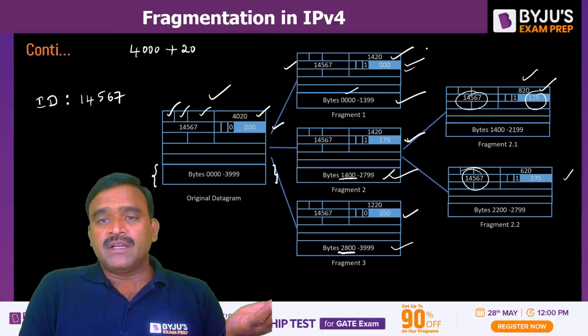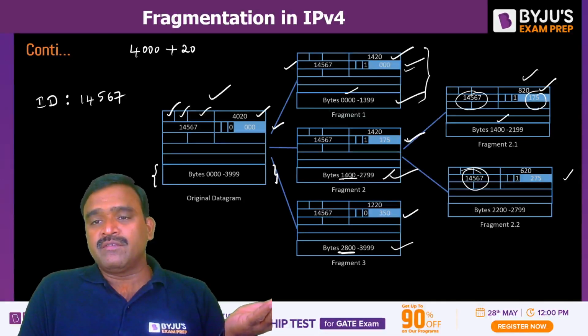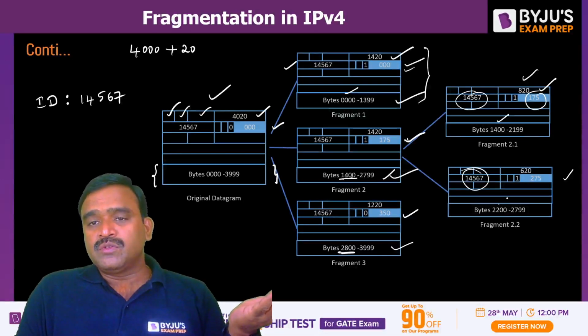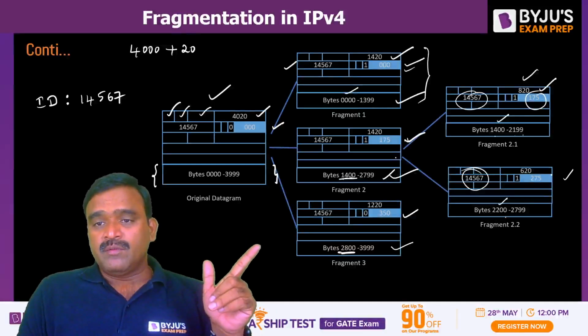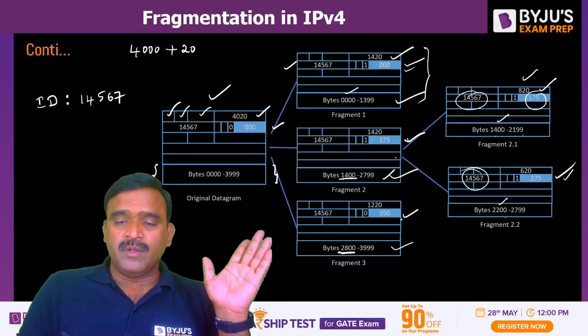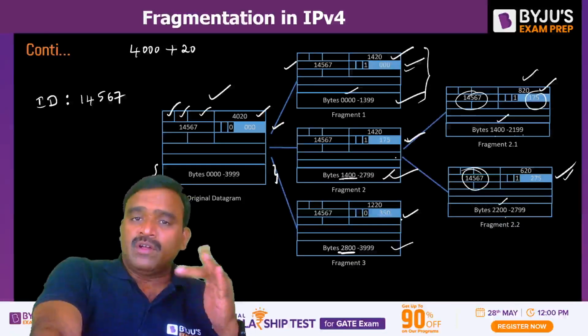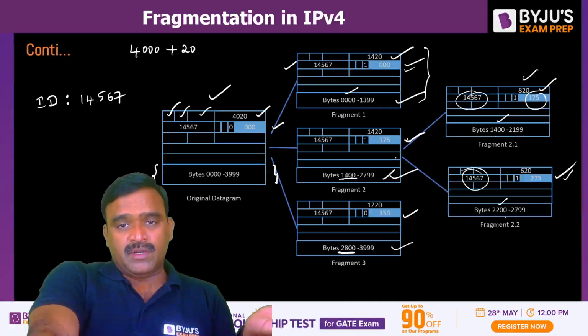Because the first byte ID is 1400 divided by 8. Here the first byte ID is 2200, because 1400 to 2199 is covered, total 800, and 2200 is the first byte ID of the second fragment, so it becomes 275, and it continues like this. The MF value for all the fragments is 1 except the last fragment.